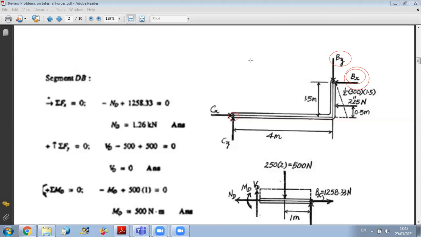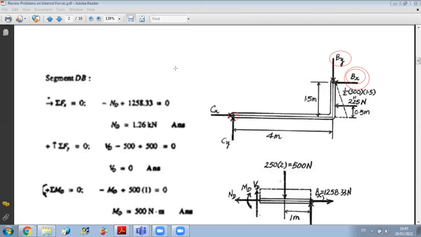This is why from the first beam, I will just get By. And once I get By from the first part, I will say that when considering member BC, in order to get Bx, all I have to do is sum of moments about C. This will cancel the moment of Cx, Cy, and already I know By, so I can calculate Bx.